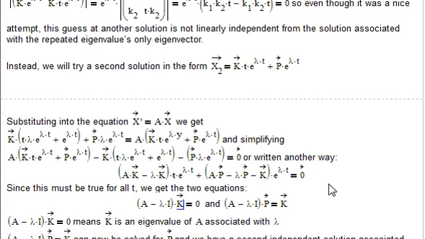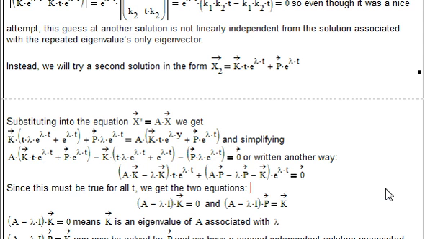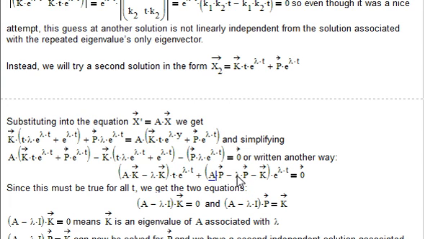But now here's where we get our other vector we're going to use as an eigenvector. This also has to be 0. So therefore, A minus lambda I times the vector p has to be equal to k. See? Since this has to be 0, then this must be true.